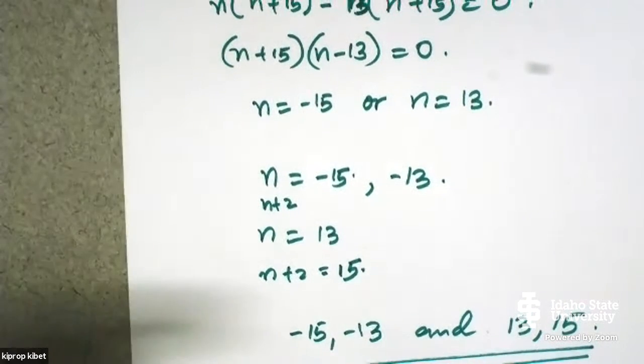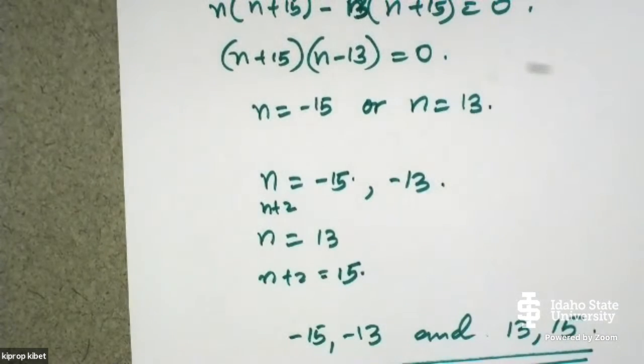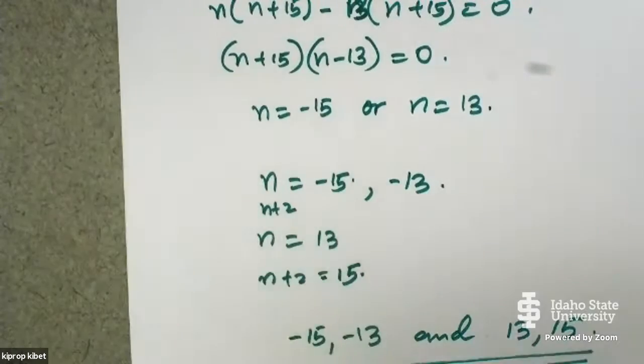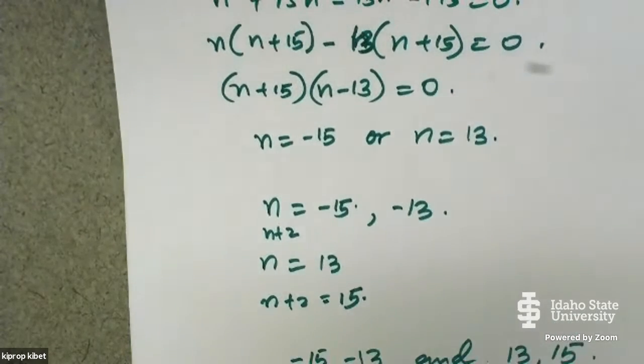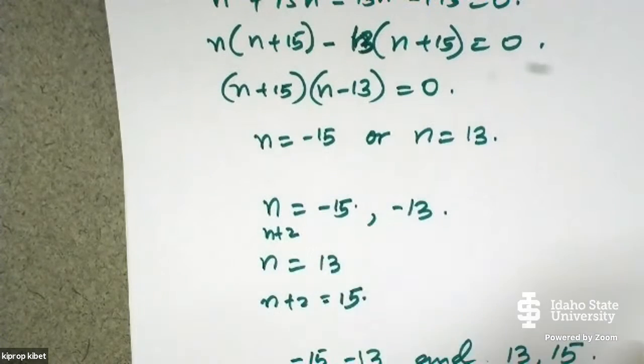So we have an odd number on the negative side, which is minus 15. The next odd number is what? Since we were saying n plus 2, we add 2.